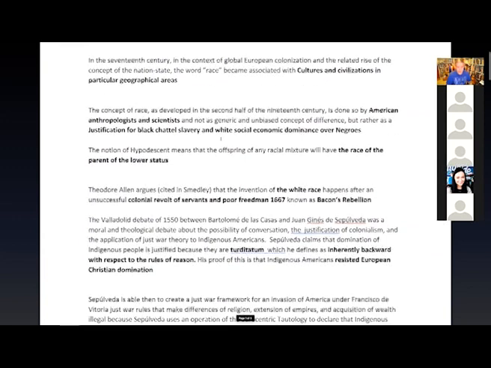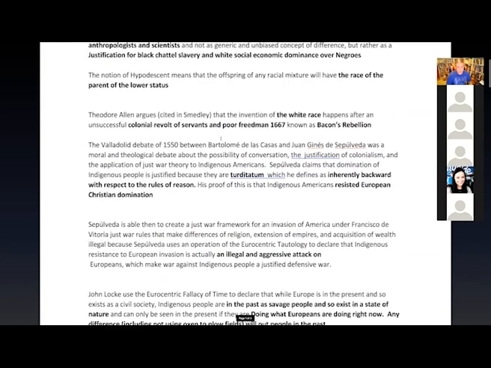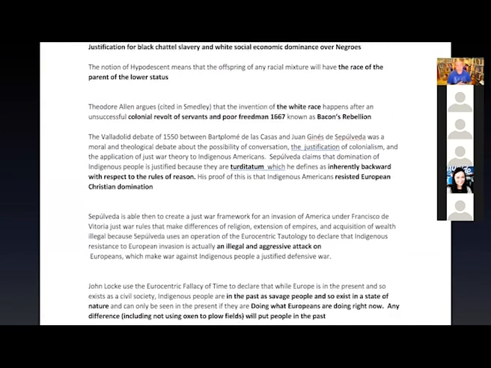So then there are several questions that come up around the discussion we had in the Dussel piece about the Eurocentric tautology, and the Valladolid debate of 1550 between Las Casas and Sepulveda.